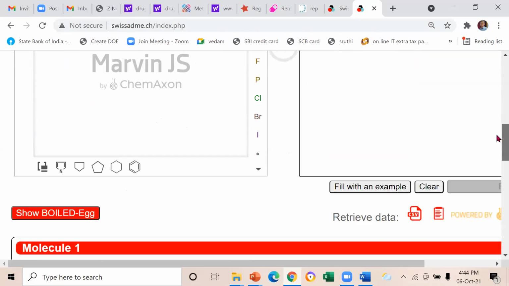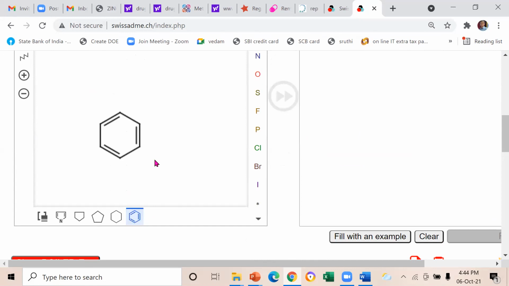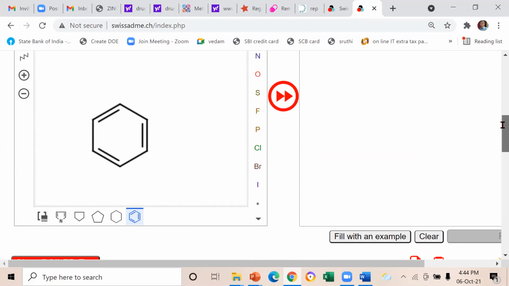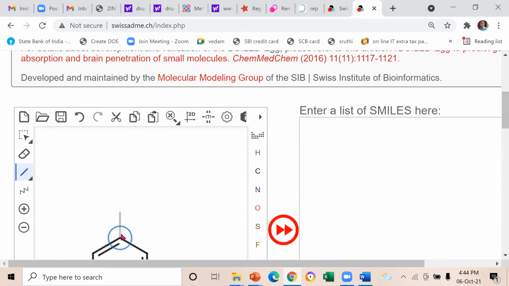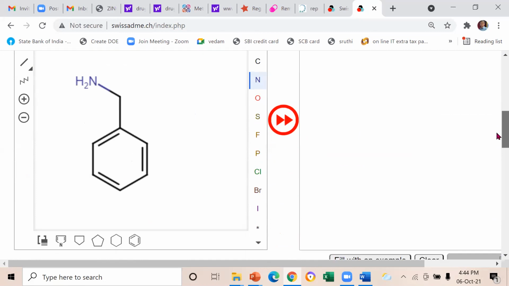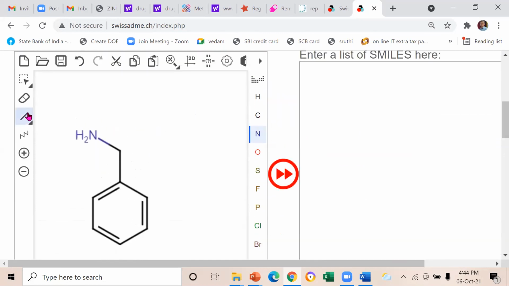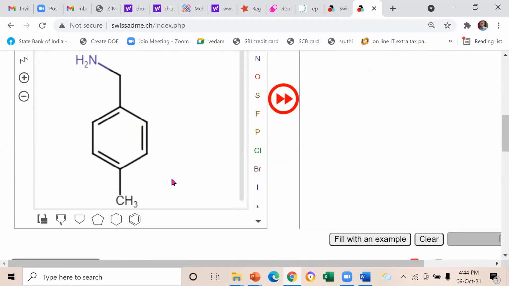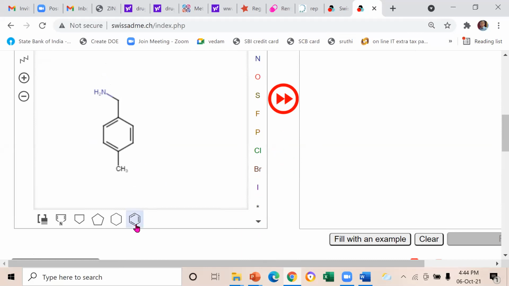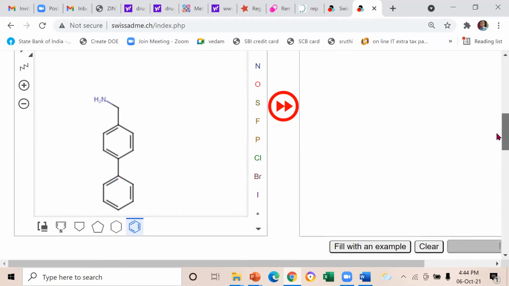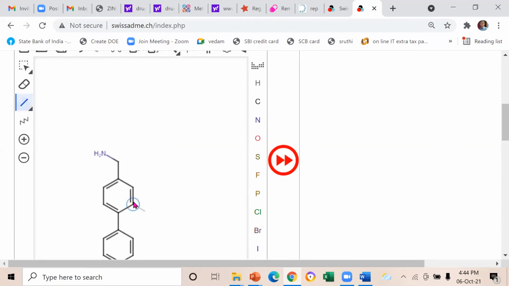Before synthesizing, you would like to know whether the property is good or bad. Imagine you are a chemist and you are trying to synthesize some new molecule, blindly, right?